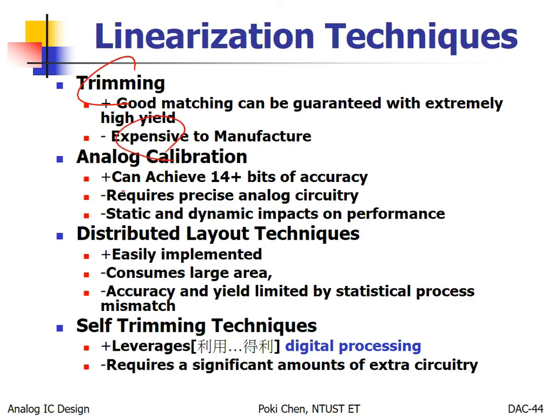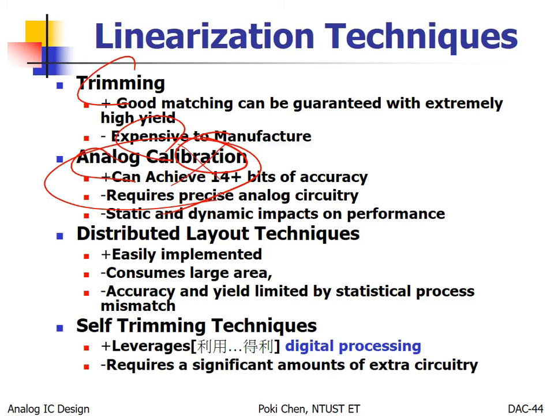Too expensive because you need to measure all of them one by one. Or analog calibration, oh yeah, it's really good. However, it takes time. Anyway, the circuit will become much more complicated than without calibration.